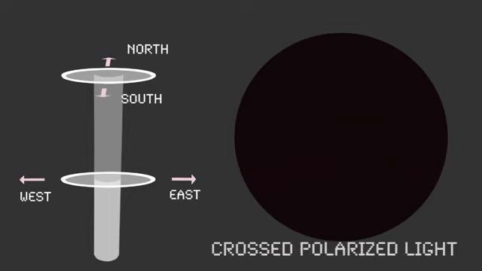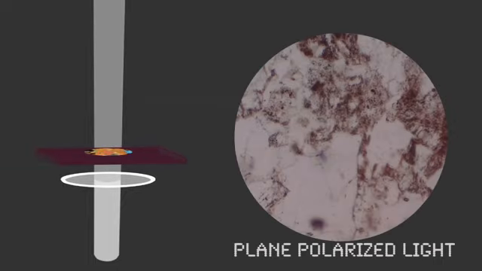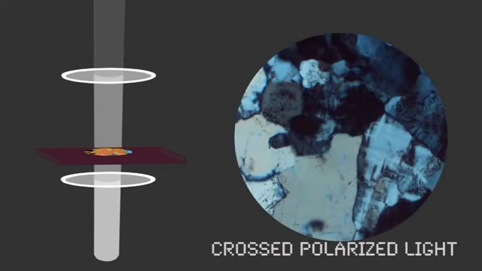A thin section is a piece of rock sliced so thin that it is translucent. Crystals on a thin section can reorient light rays. As we slide a thin section under the microscope's lens, we can view the rock's tiny mineral grains. Anisotropic minerals split the plane polarized light into two new components.